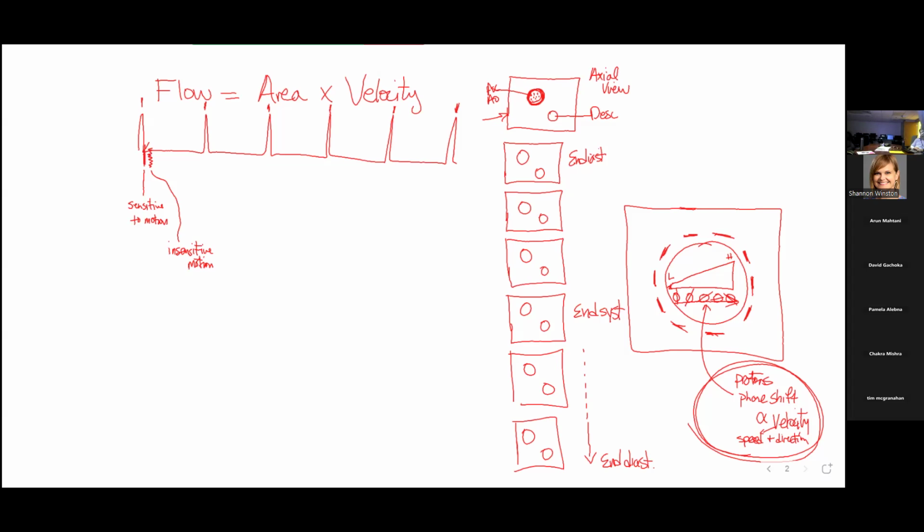Remember, if we were just doing the gradient echo stuff, and so I'm going to extrapolate that up here, right? Here's our gradient echo stuff. We had one, and then we had another point in time, and another point in time, just like this, right? Well, now what we're going to have to do is take a pair of these, all right? Because we need one of those phase encodes to be sensitive to motion and one to be insensitive to motion. And we get phase maps.